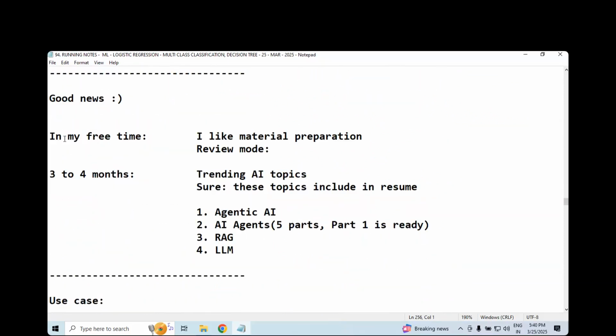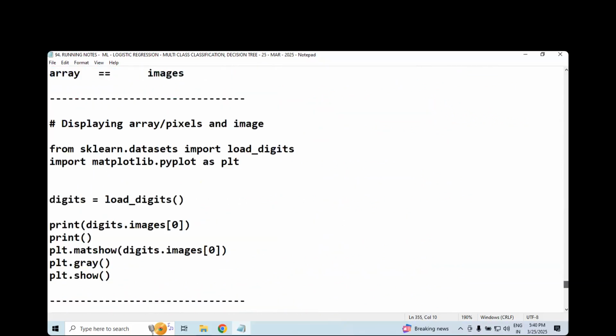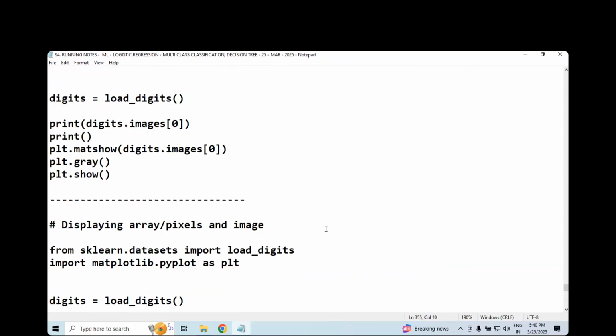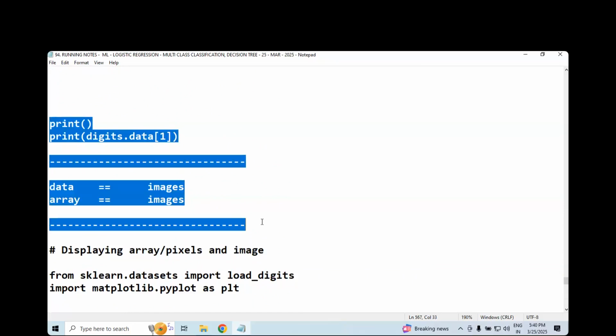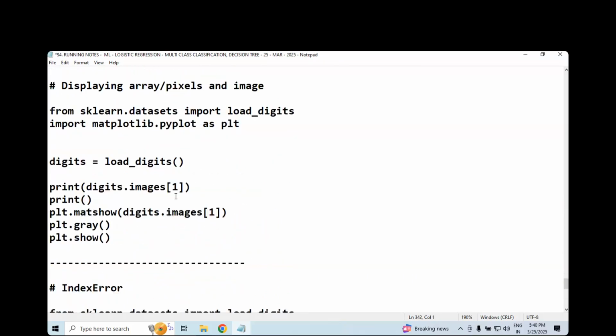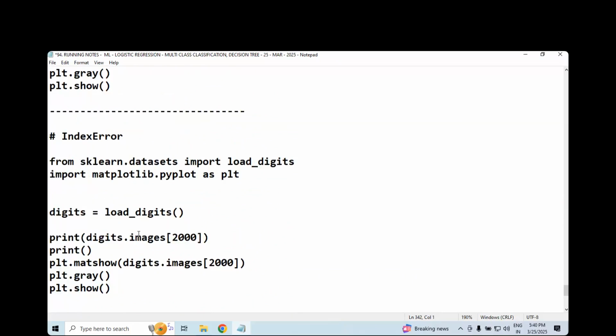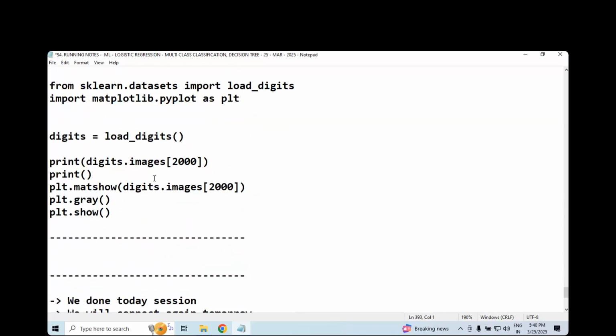Still, it is running, I guess, actually. Okay. Let us continue.